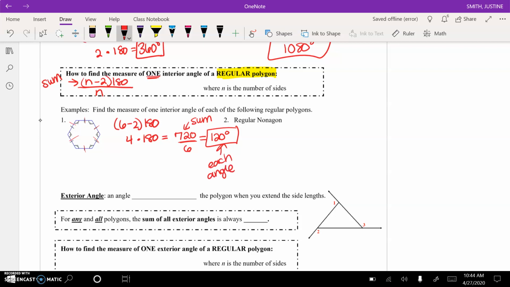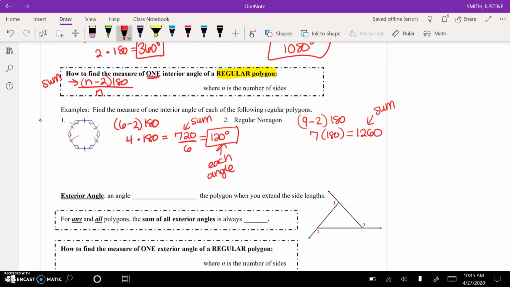All right, so the sum, we still do n minus 2 times 180, but now if we want to find one interior angle, we divide it by the number of sides and get 120 degrees. Okay, so same thing for number 2, it's a regular nonagon, so I'm still going to find the sum. A nonagon is 9 sides, so 9 minus 2 times 180. Okay, so I'm going to do 180 times 7 to get 1,260, and this is the sum.